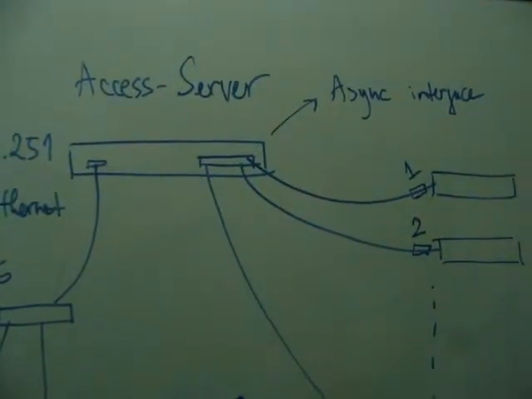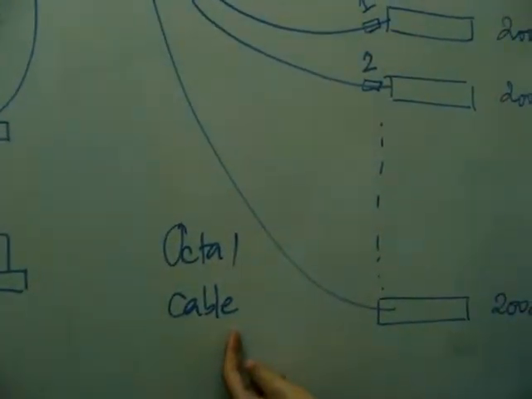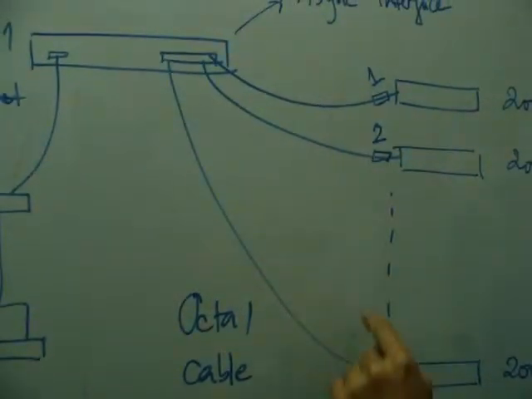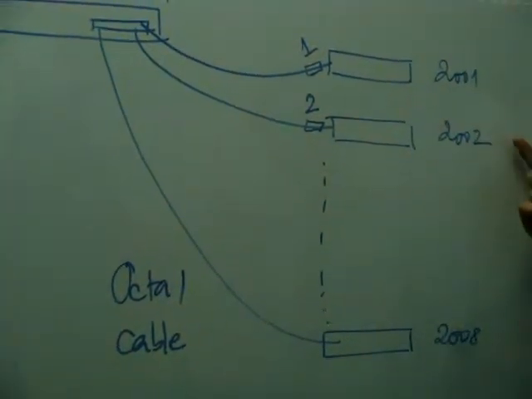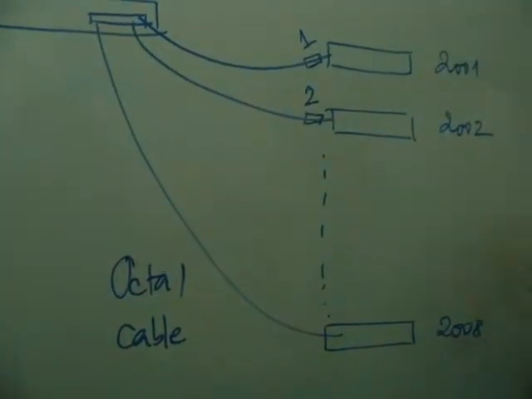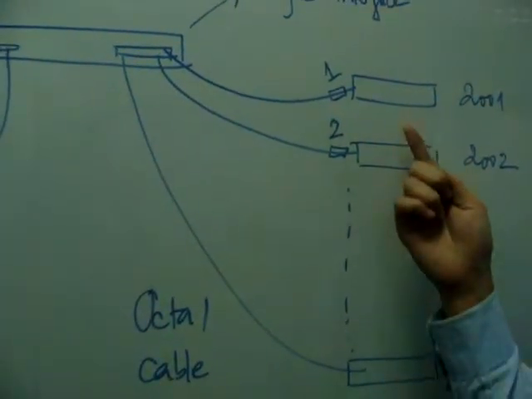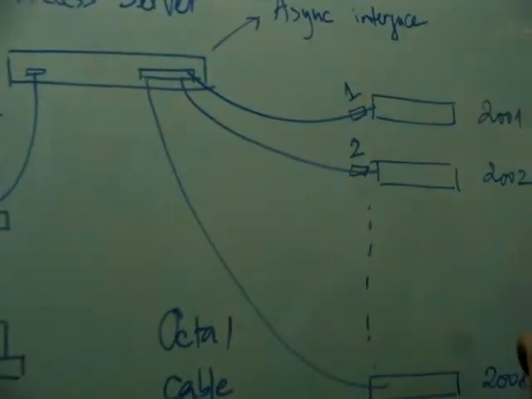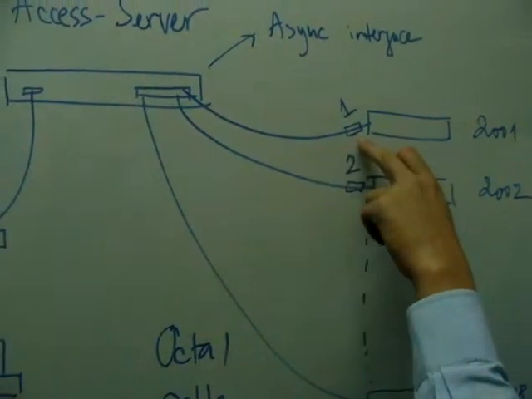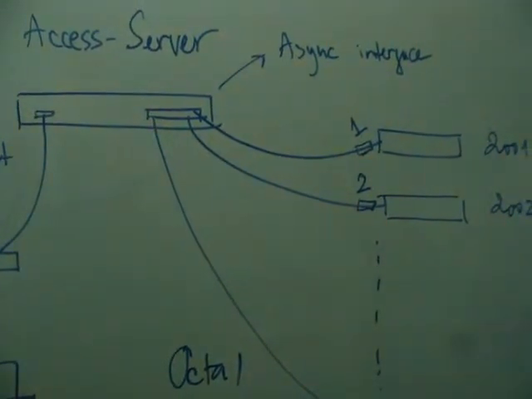In this interface, we connect a special cable called an octal cable. It has 8 lines, which connect to the console interfaces of 8 routers, and each line is assigned a number. You can see there is a number written on the line.